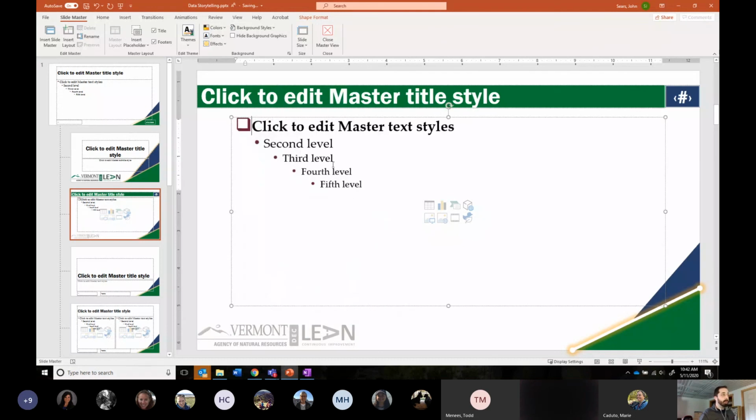So if I want the first bullet of every one of these to be a square, it will be a square. But only when using this particular slide, which is the default.